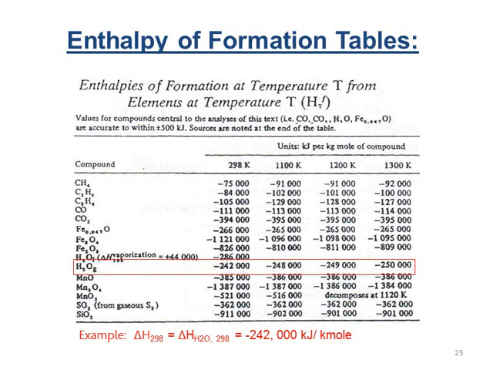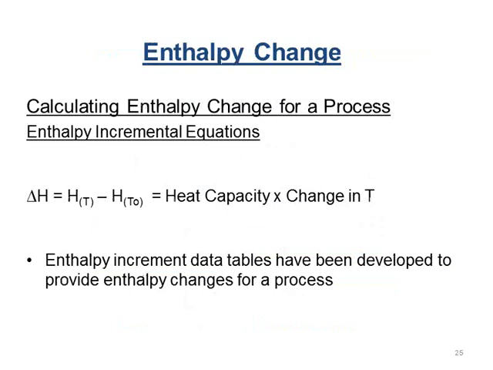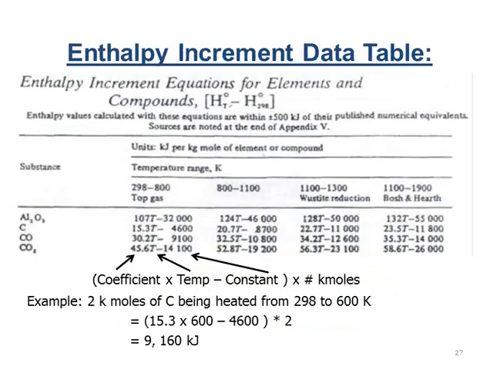So more or less, you use the table on page 32, which is the enthalpies of formation at temperature T from elements at temperature T, to determine the chemical heat from a reaction. And then the second table on page 33 is to determine the sensible heat of a substance going from one temperature to another. That should be this table here on page 33.